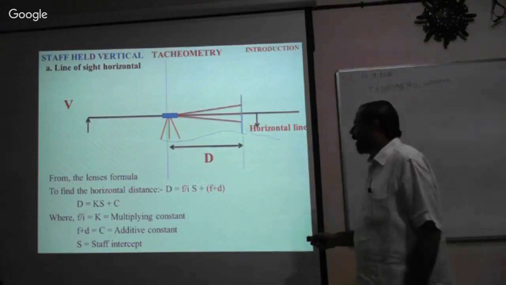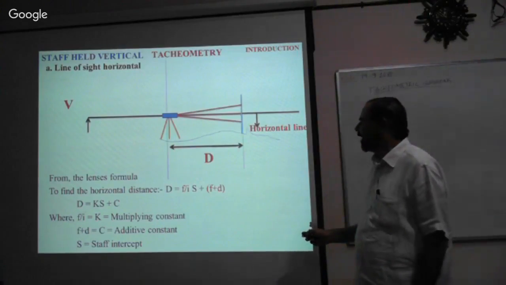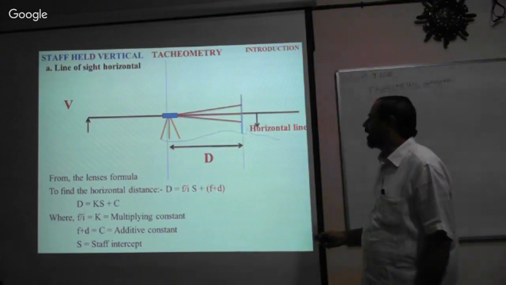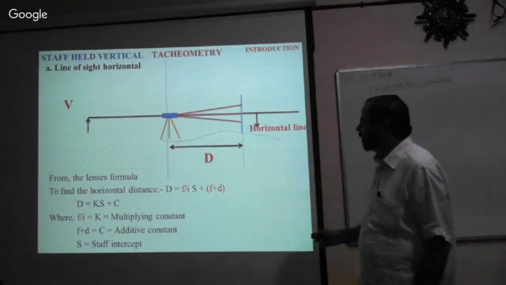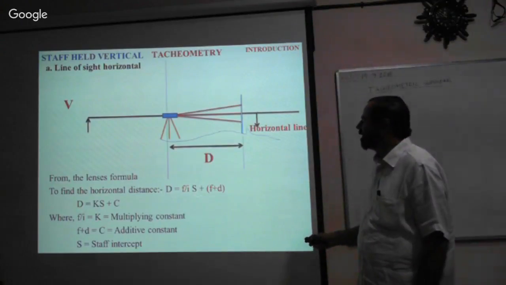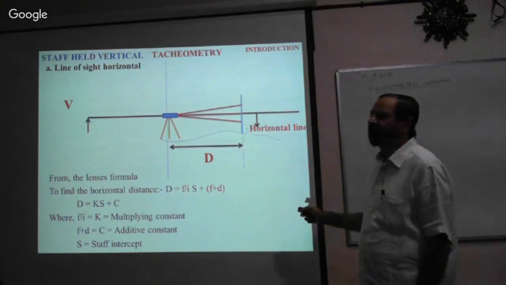This (f + d) can be made 0 by providing an anallactic lens in the instrument. If you make this 0, then only this term remains: 100 multiplied by the staff intercept gives us the distance from the instrument station.